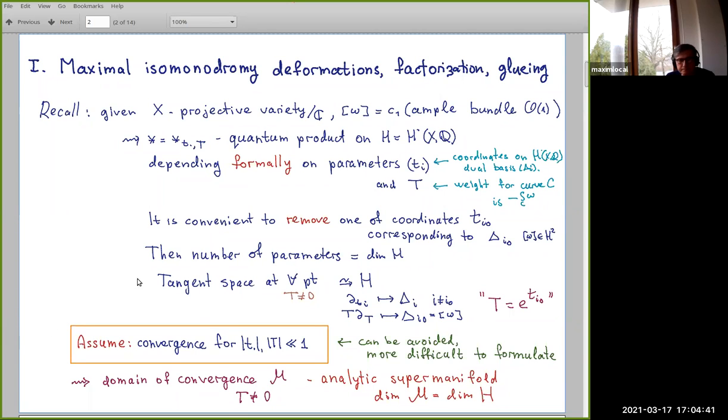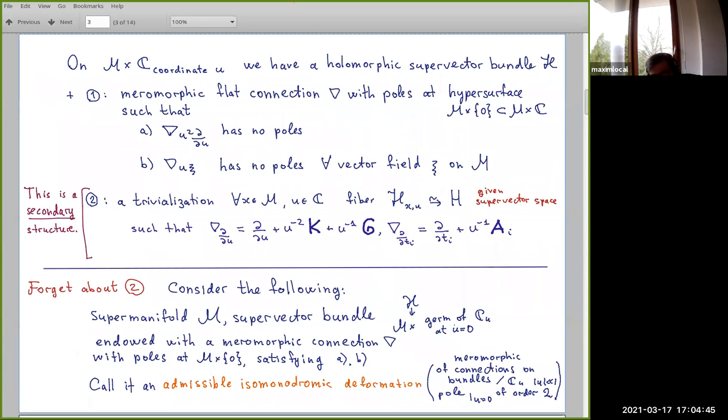Okay, now let's proceed the following way. As I wrote at the end of the last lecture, in a formal setting, but now we're doing an analytic setting, when I multiply my manifold M with a complex line with coordinate denoted by u.